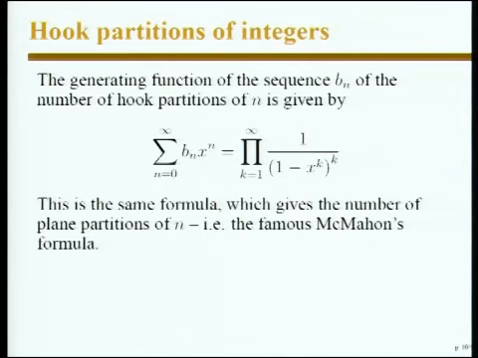As straightforward as writing down the generating function of the usual partitions. Okay, what is much more striking about this relation is that at the same time this very formula gives also the number of planar partitions of an integer.